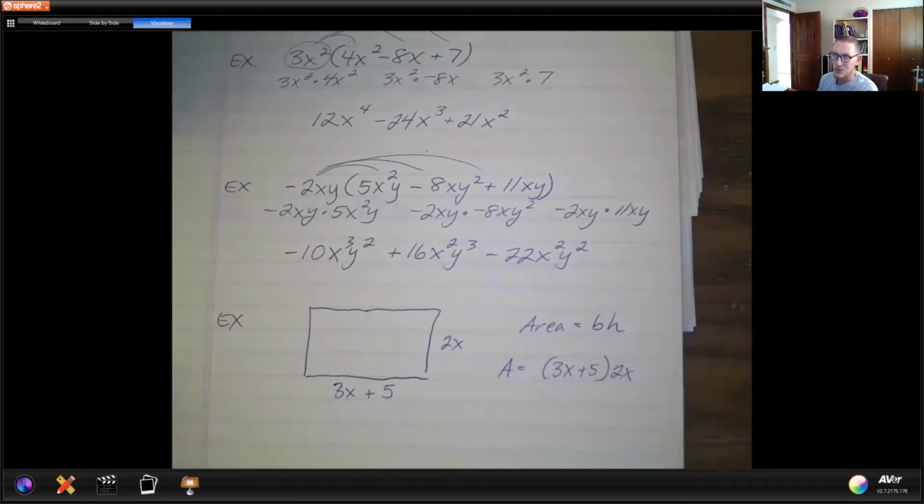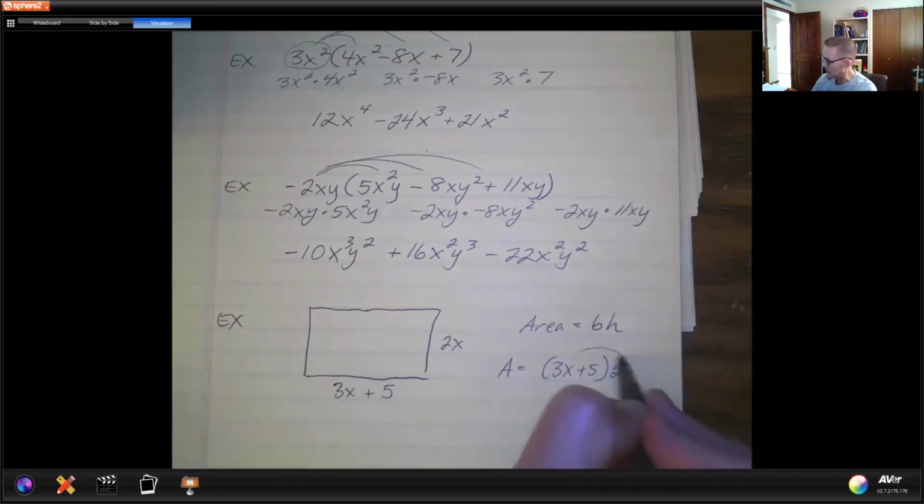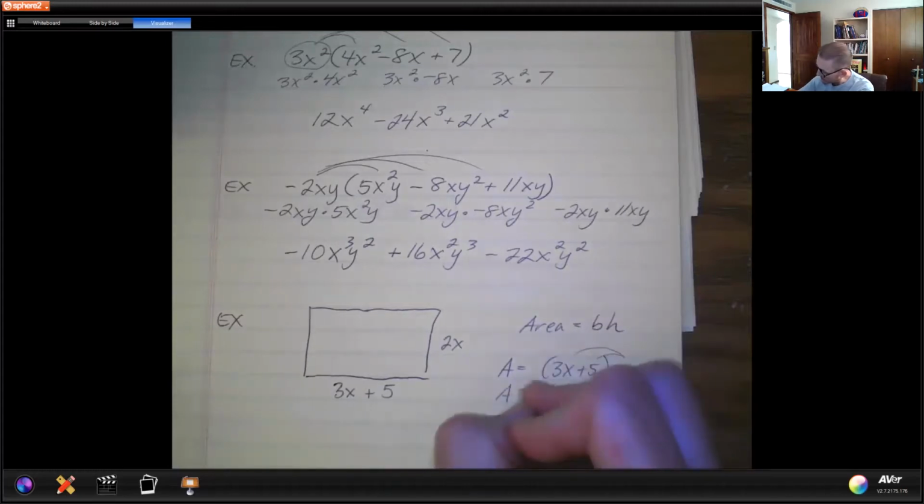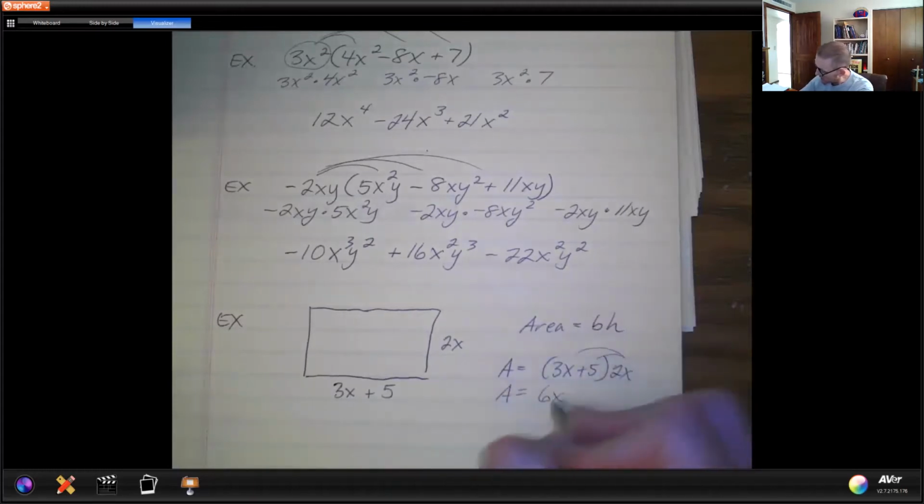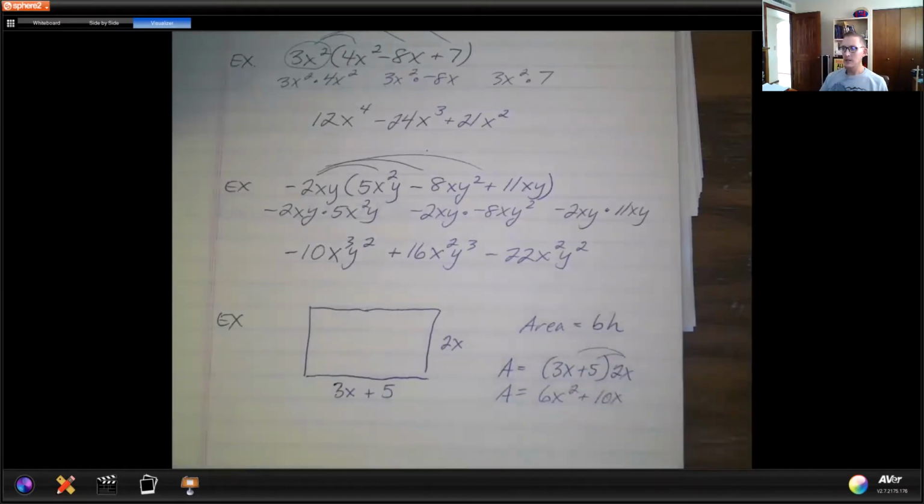Well, I'm going to use the distributive property just because it's after the parenthesis. Doesn't change the fact that this is going to get sent in. And so when I do that, the area is going to equal 6x squared plus 10x. And the area of that rectangle then is just going to be an expression with 2 terms.